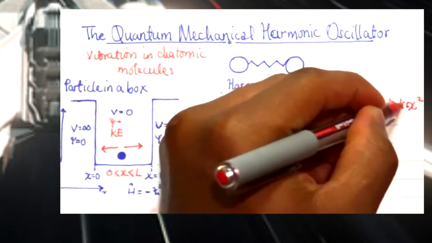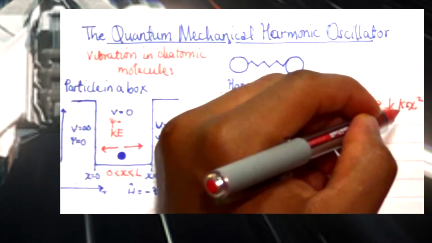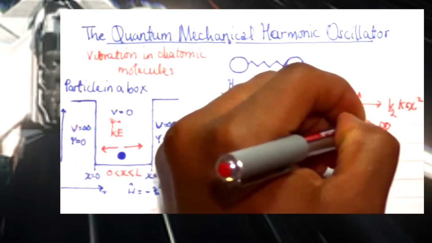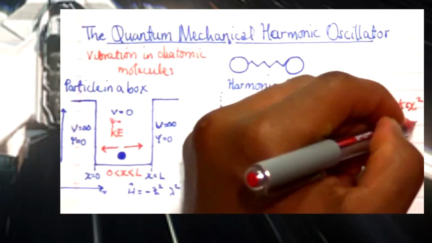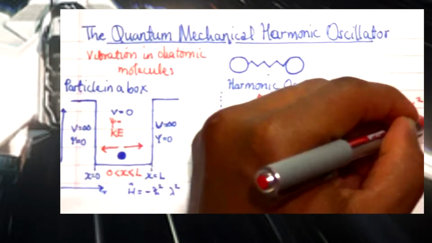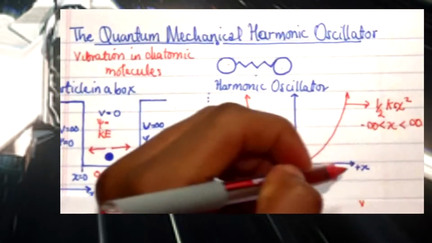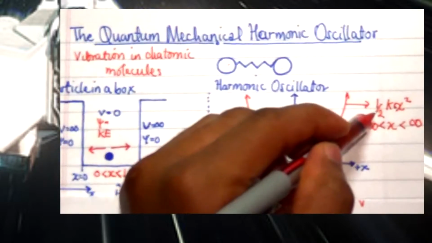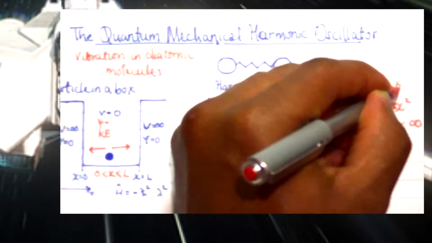Now take note that this is a Hooke's law formula, and it goes from negative infinity all the way to positive infinity as the domain here. Take note also that this is the potential energy of the system.